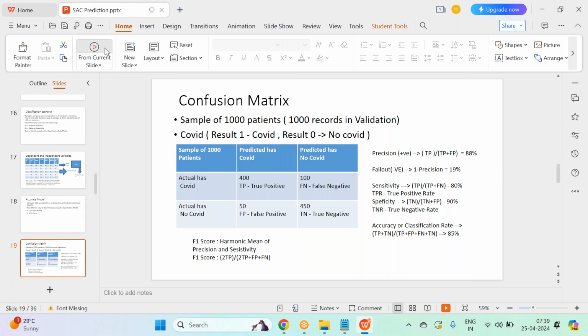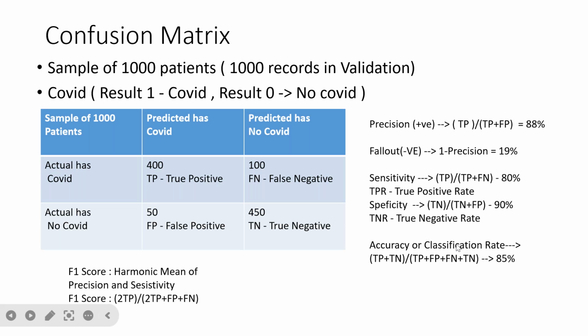So here you see, your accuracy or classification rate is true positive plus true negative by overall, that is this, 400 plus 450 here by the total. Sensitivity is true positive by true positive plus false negative.